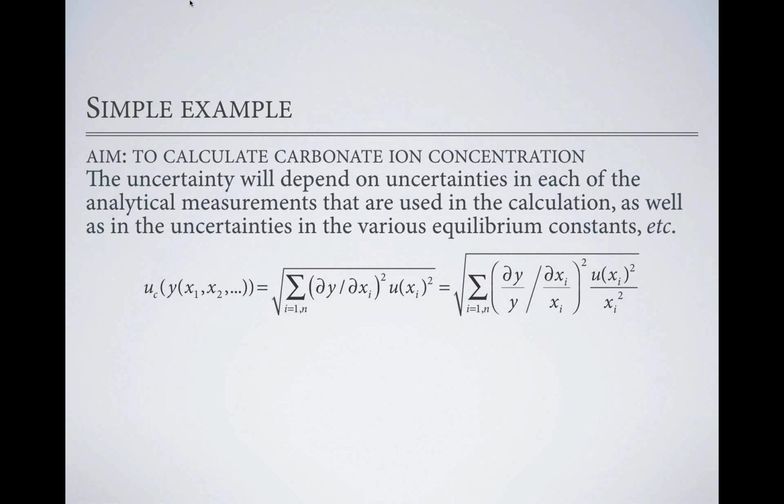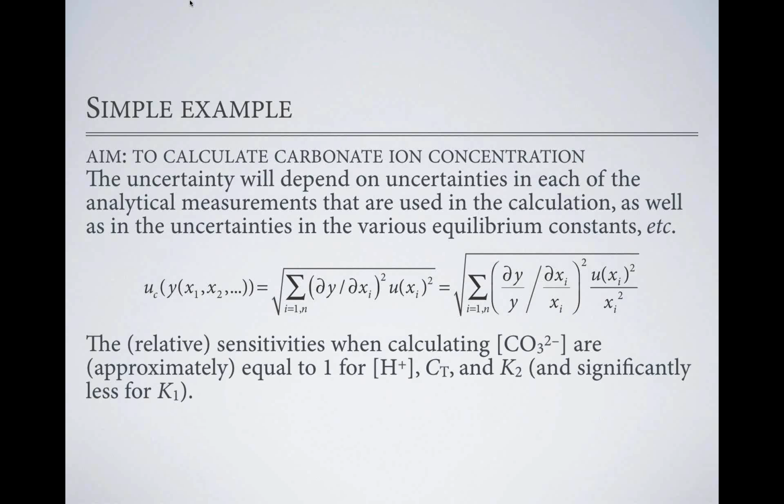So go on to this carbonate ion concentration discussion. The relative sensitivities when you calculate carbonate ion are approximately 1 for hydrogen ion. That is, if you've got a 1% change in hydrogen ion, you get a 1% change in carbonate ion. For total carbon, same thing. 1% uncertainty in total carbon, you get a 1% uncertainty in carbonate ion. K2, 1% uncertainty in K2, 1% uncertainty in the carbonate.